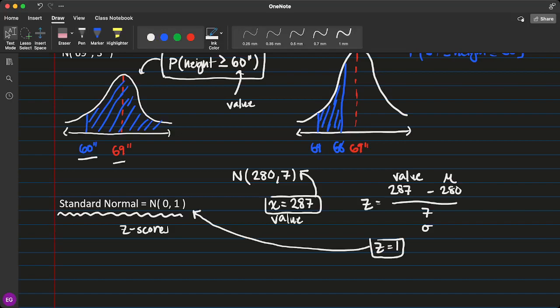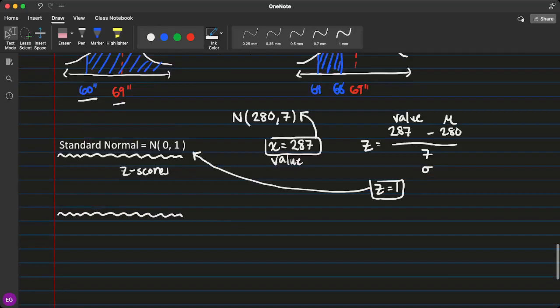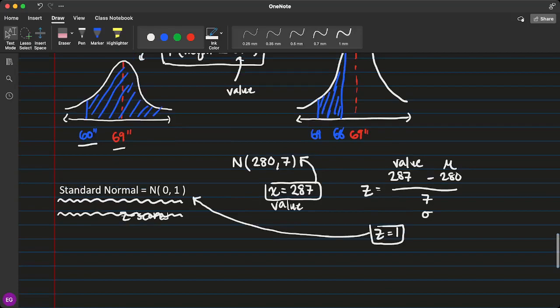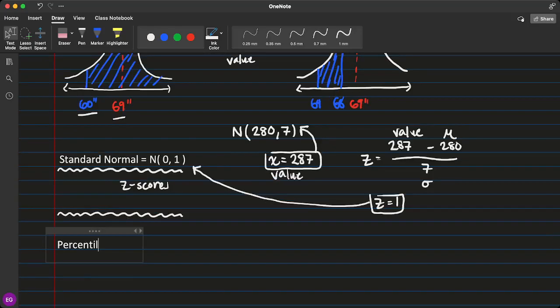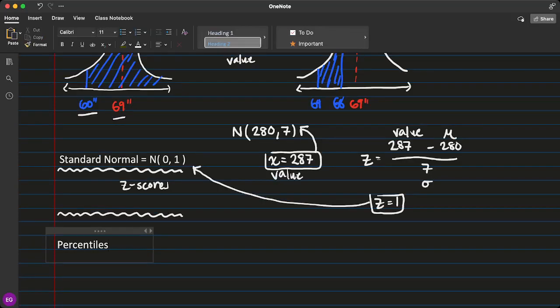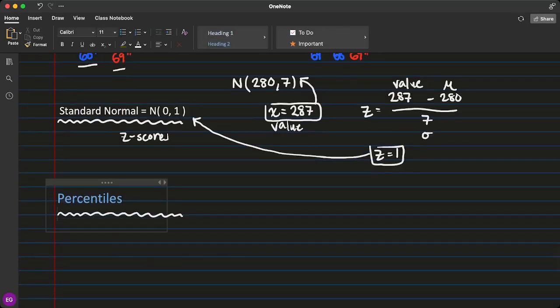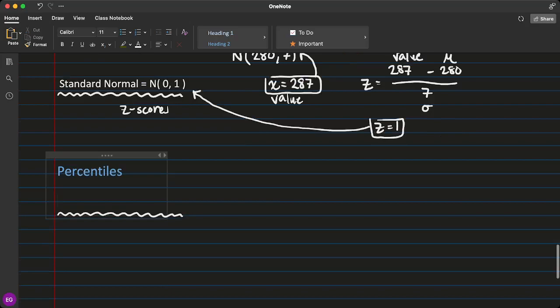Okay, so we have one more topic for this section, which is percentiles. And this is an interesting topic. The way it works, oh, that keeps on getting stuck, whatever.